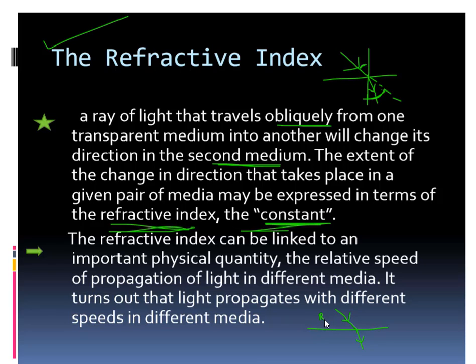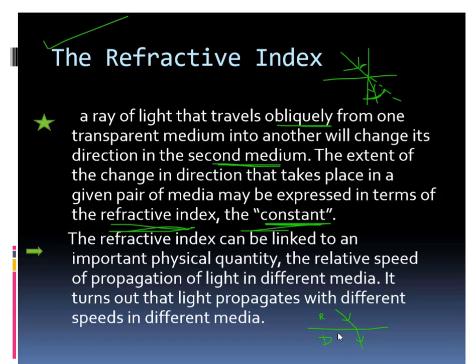From rarer to denser medium, as the density changes, if I increase or decrease the density of the denser medium, the direction of the ray of light depends on the density of the medium. If the density of the medium increases or decreases, accordingly the direction of propagation of the refracted ray will also increase or decrease.